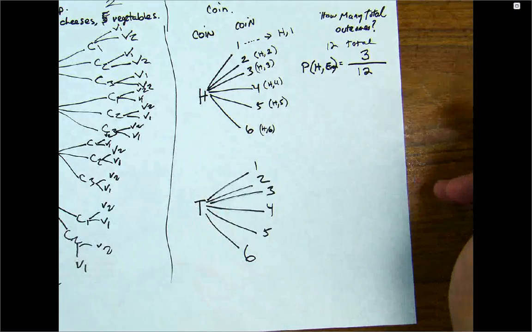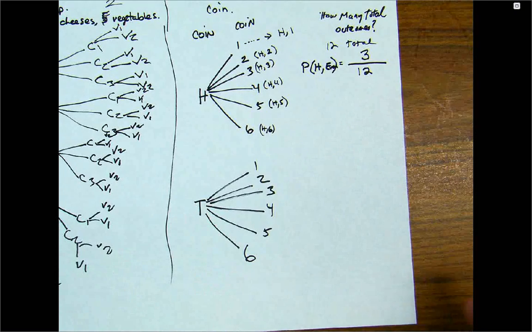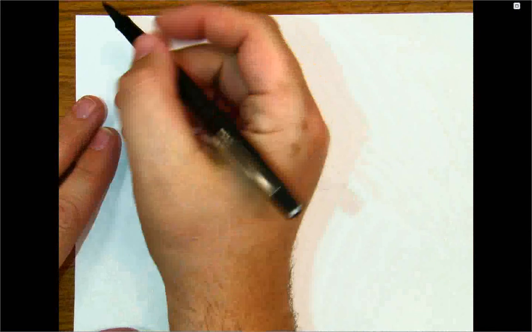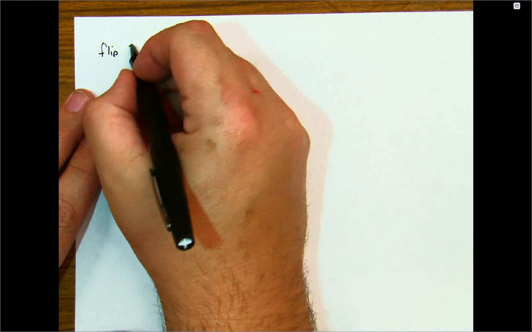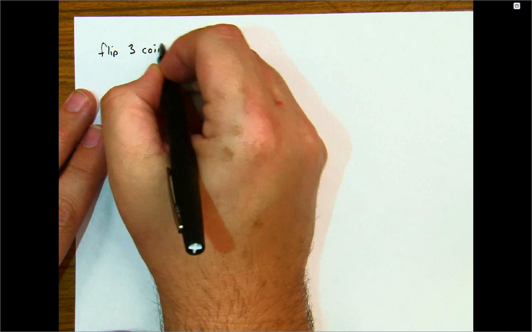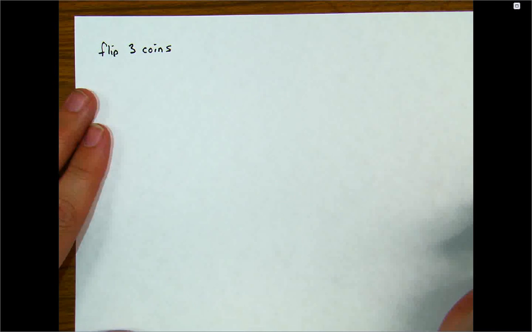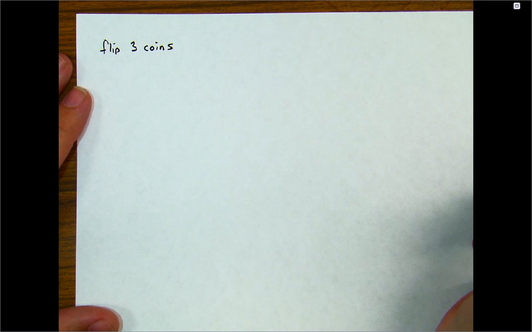Another good one that you'll see is this. Flip 3 coins. Now, everybody draw the tree diagram for flipping 3 coins. Do the first flip, then the second flip, and then the third flip.